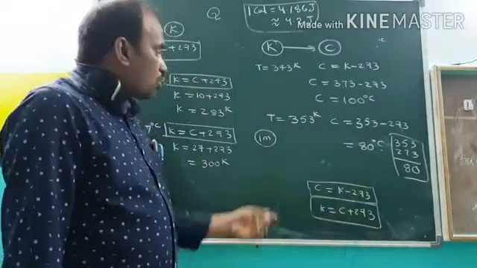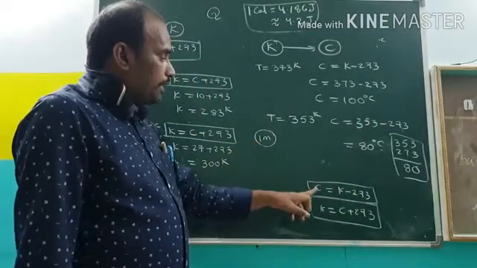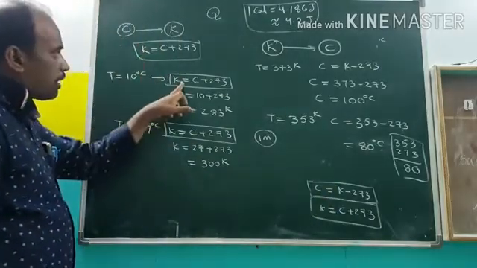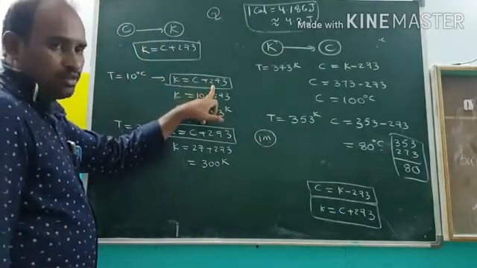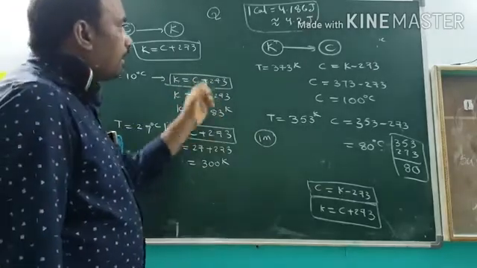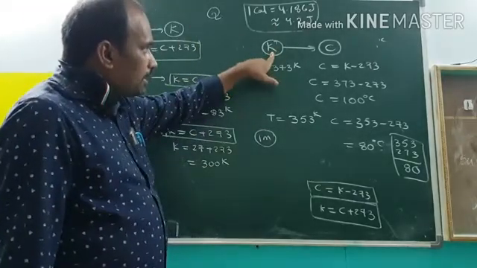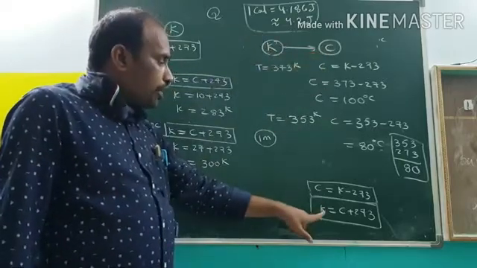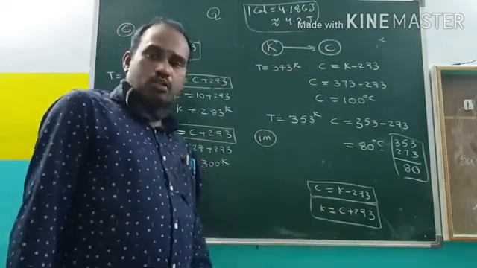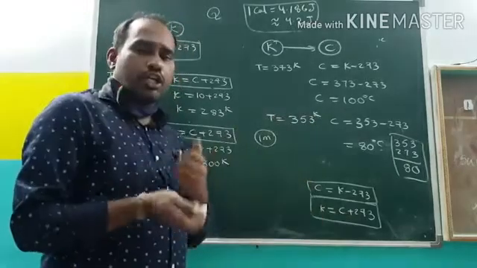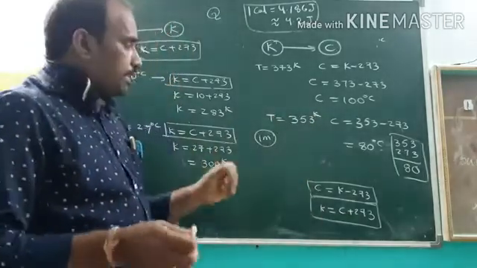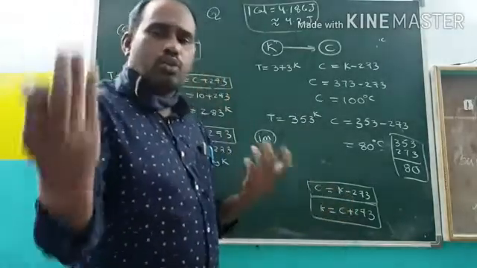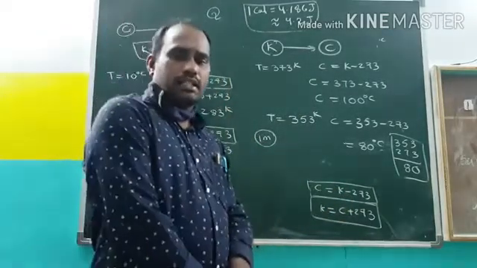Are you clear? So now, if they give Kelvin and you convert to Celsius, use C is equal to K minus 273. In case they give Celsius and we convert to Kelvin, we use the formula K equals C plus 273. There is a simple shortcut method. If they give the Kelvin value, just subtract 273 and you get the Celsius.